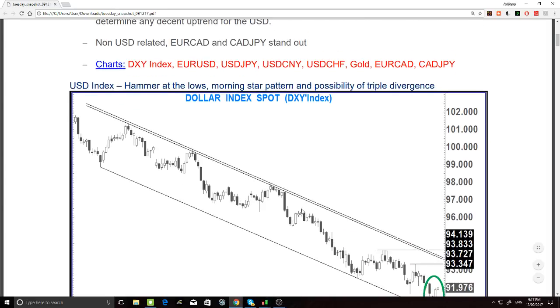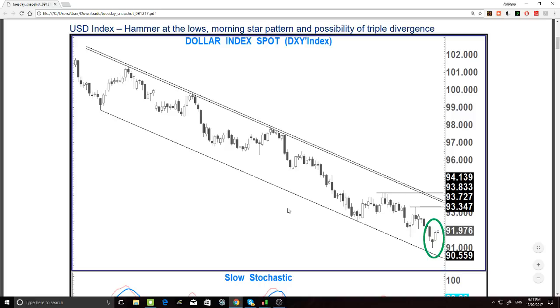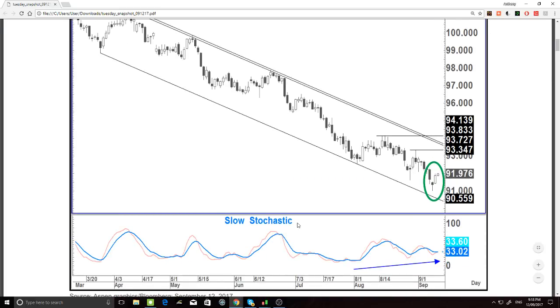So I'm not the biggest technical guy, but I was asking one of my mates who is, what is a triple divergence and how important is it? And he says it's generally very strong signaling here that the trend is over.